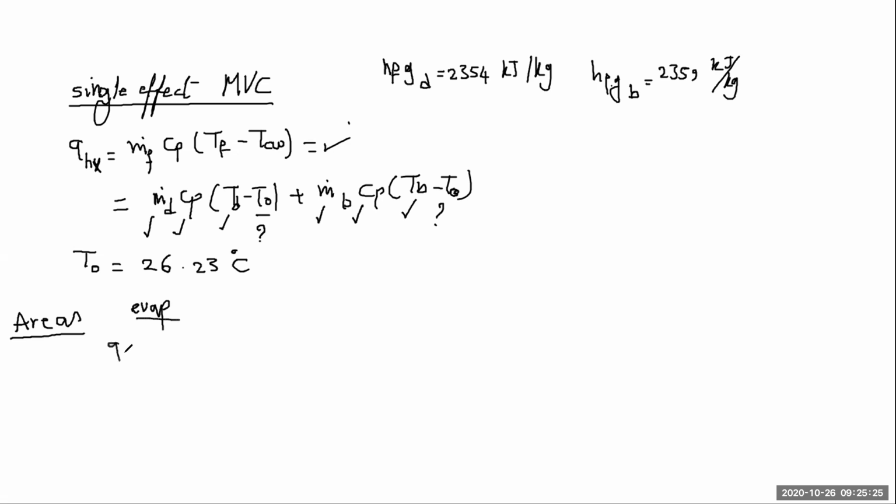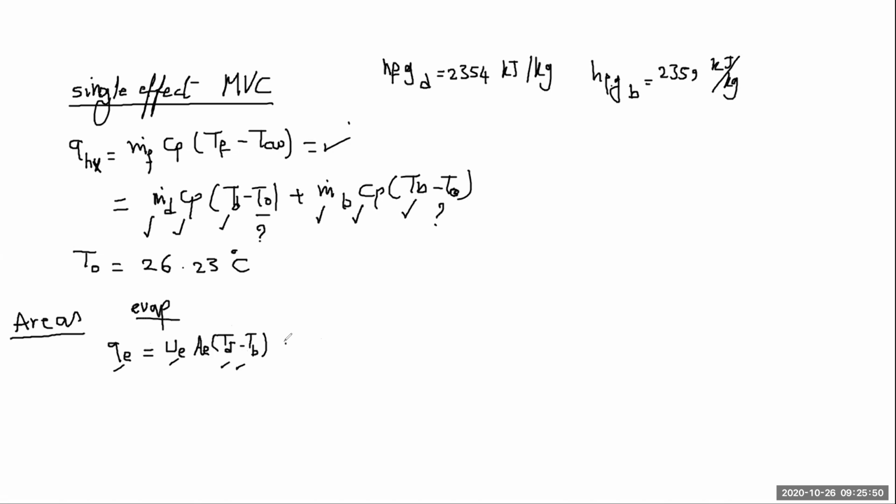we have already calculated QE, so we know this value. This is in balance with UE, overall heat transfer coefficient in the evaporator. It is given to us. AE, this is what we need, into the temperature difference which is basically TD minus TB. We have this, we have this, we have this, and we have that.